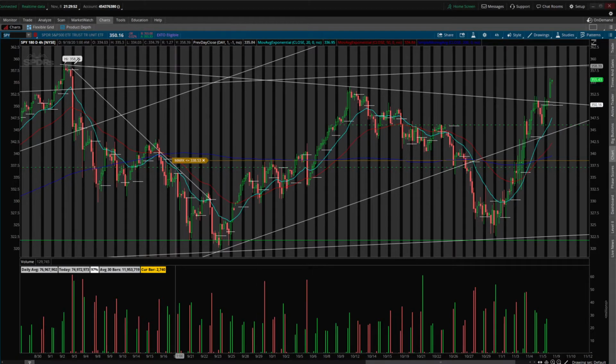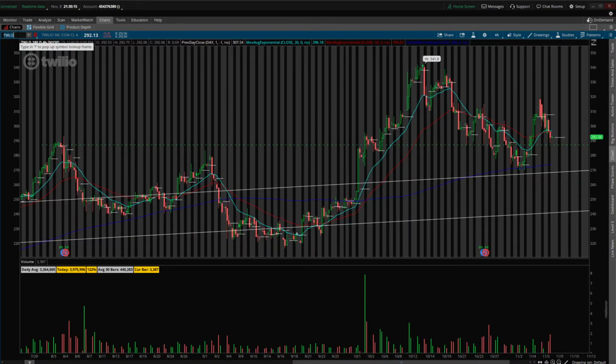Now we're getting very close to all-time highs that we hit on September 2nd. And what happened when we hit that all-time high on September 2nd? Over the next few days, we fell 20 points or so. And I think that we're probably going to have another pullback like that very soon. So what does that mean for Twilio, TWLO?